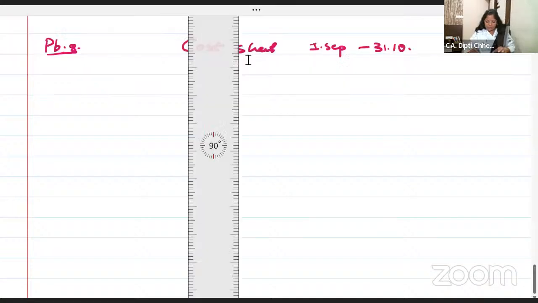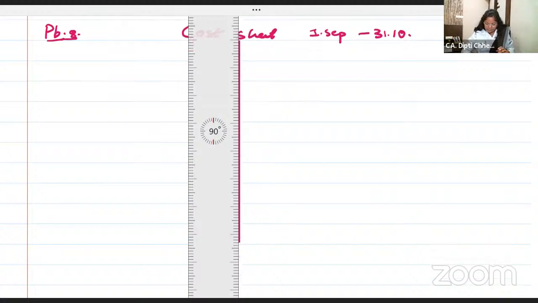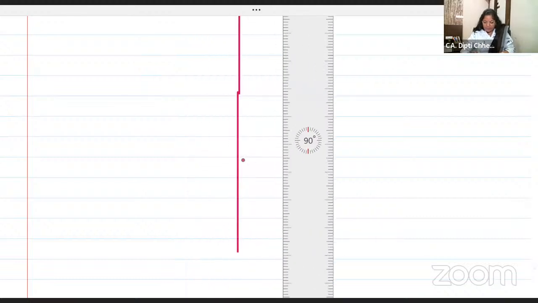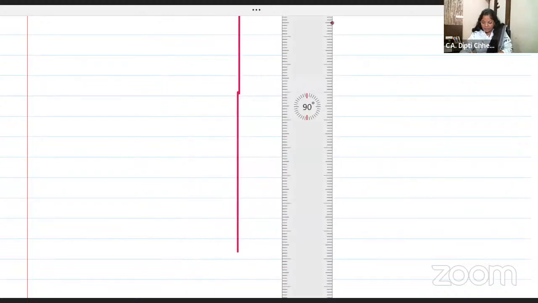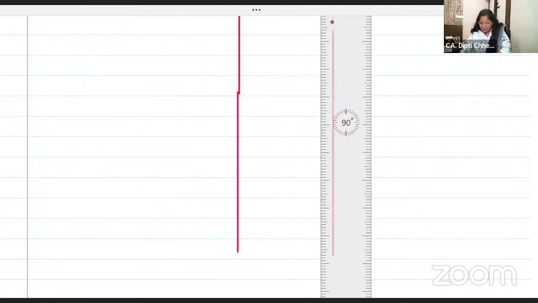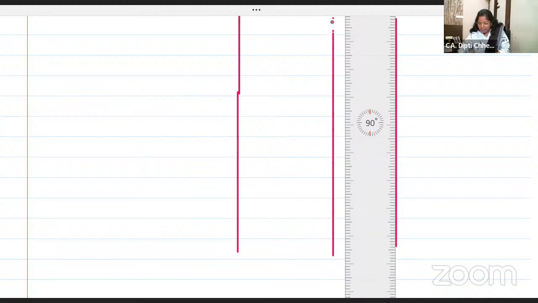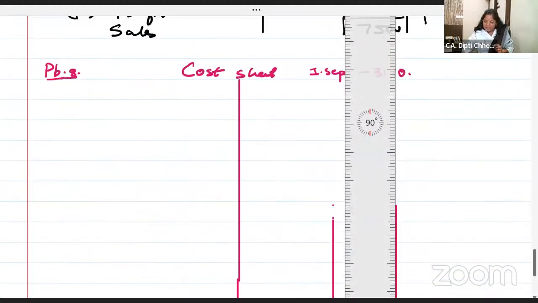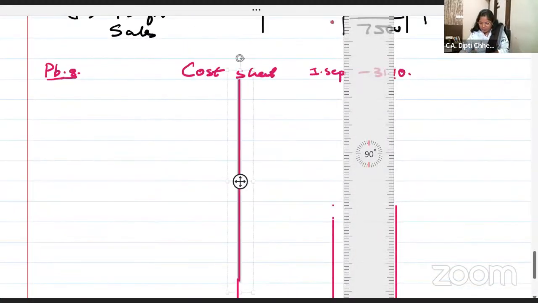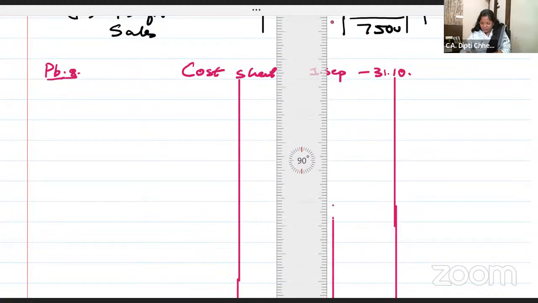Do the scaling. Particulars, and leave a slightly bigger column for working, and amount. Ma'am, should we make per unit or percentage? No, beta, not for this problem. When it is required, I will do it.